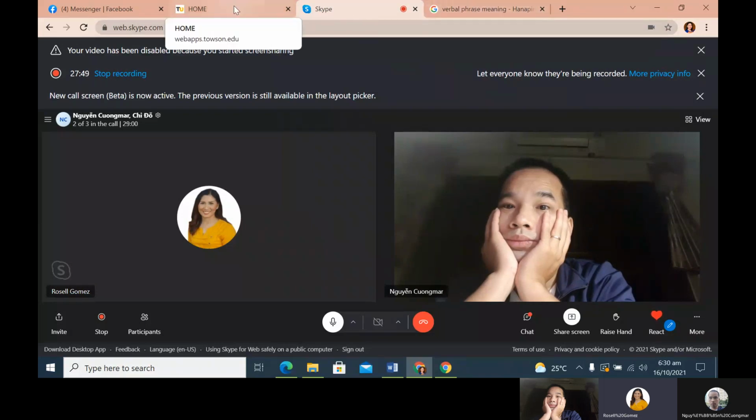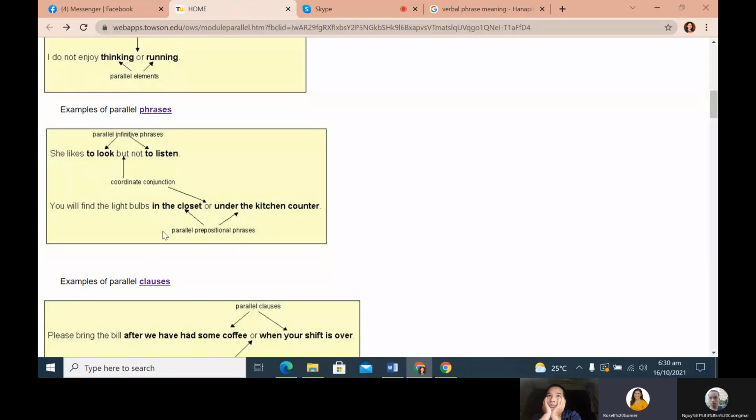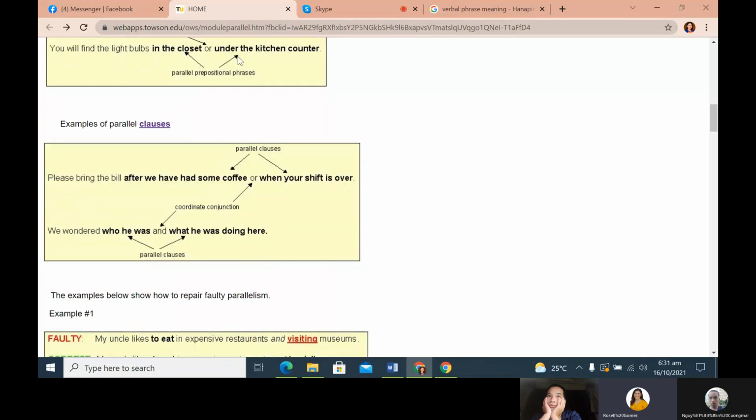Let's go back to this one. Okay, so you will find the light bulbs in the closet is a prepositional phrase, or under the kitchen counter is a prepositional phrase. Okay, another. Here, we will talk about sentences having parallel clauses.